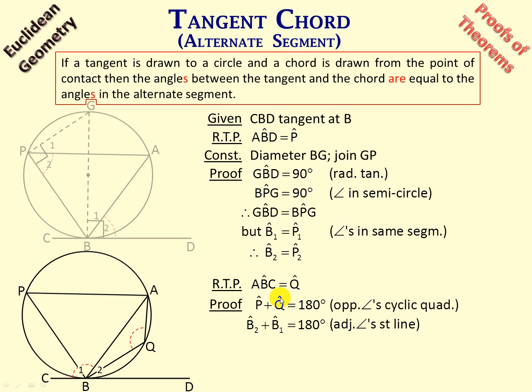So we have P plus Q is 180, B2 plus B1 is 180, but B2 equals that angle P, proven originally. And that means what's left, which is the B1, is equal to what's left, which is the Q.